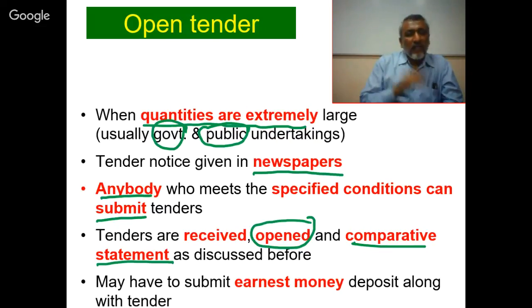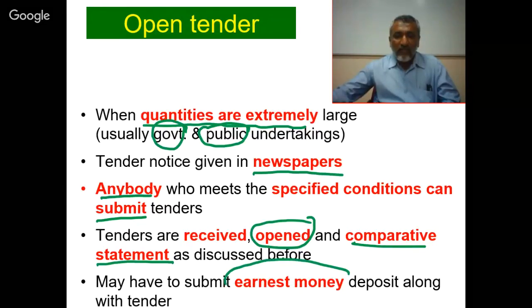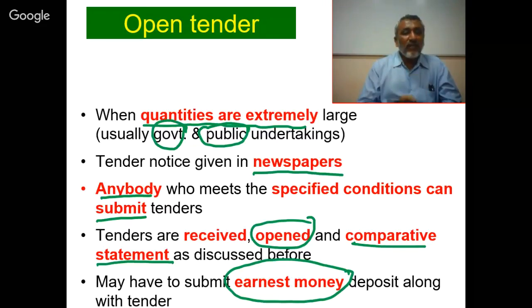Sometimes there is a risk of the person backing out from executing the tender after getting the order. To avoid such possibilities, sometimes it is insisted to deposit a fixed amount of money known as the earnest money along with the tender.